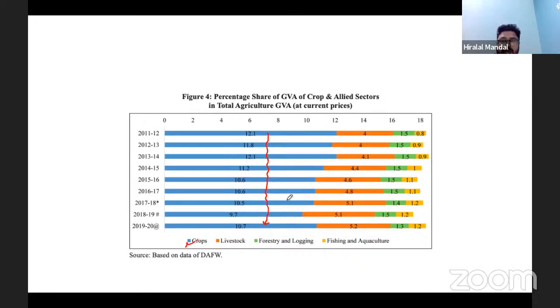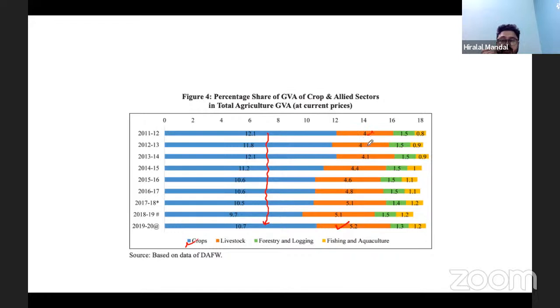If you look at the contribution, out of 18%, 12% was from the crops. But now, since we have already reached 20%, the contribution of crops has in fact gone down, whereas what has increased is livestock, whose contribution has increased in the last 10 years.